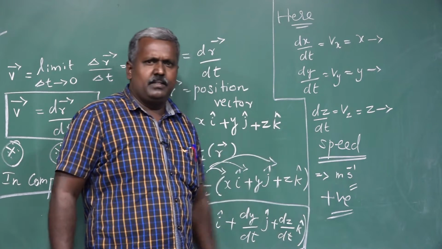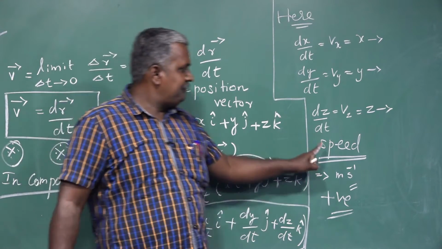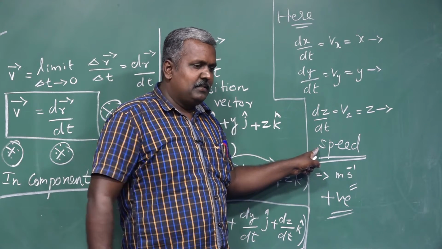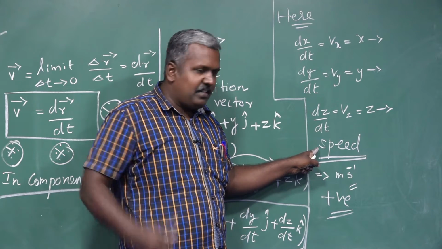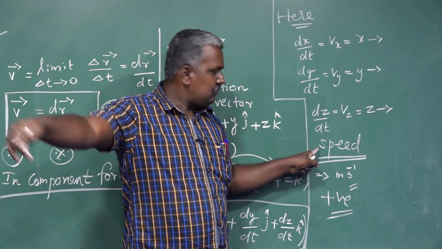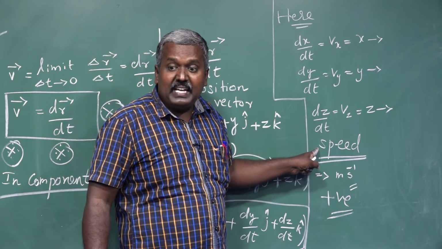This is a scalar quantity, unit meter per second. Tell me yourself, what is speed? Distance by time, this is the basic formula. But regarding 11th standard, in second unit kinematics, speed is the magnitude of velocity.